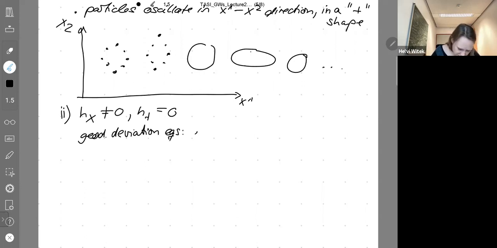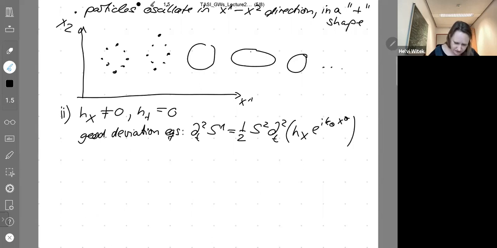They would be described by the second time derivative of S1 equals 1/2 S2 times the second time derivative of h cross times e to the i k_σ x^σ.